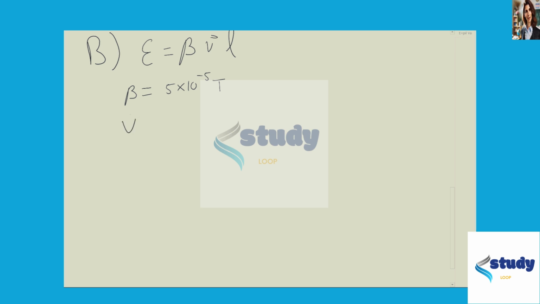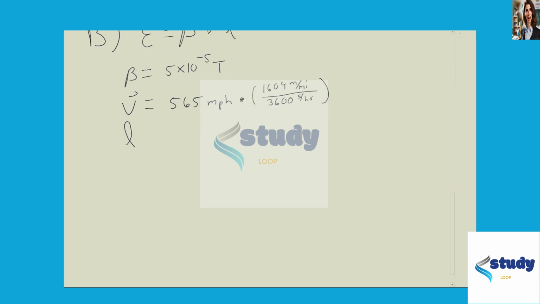Our velocity, remember you have to convert it again, but our plane is moving at 565 miles per hour, which again you have to multiply by that 1609 meters per mile over 3600 seconds per hour. And our distance between the wingtips in this case is 64.4 meters.